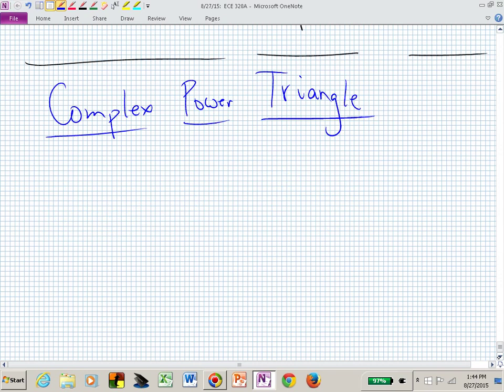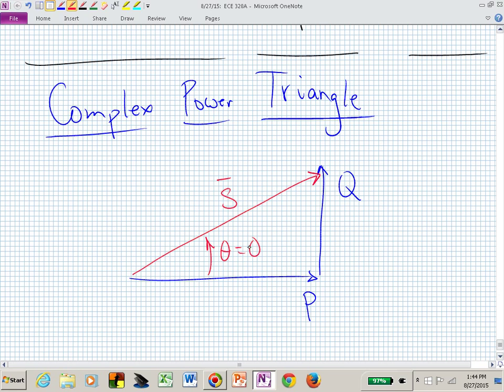So what do we have? We have P, Q, and S. P, we said, is in the horizontal direction. Q, let's say it's inductive, is in the vertical direction. Now we can sketch a triangle. This is now the complex power S, where this angle theta is theta sub V minus theta sub I.